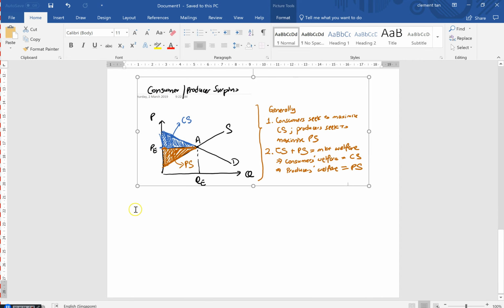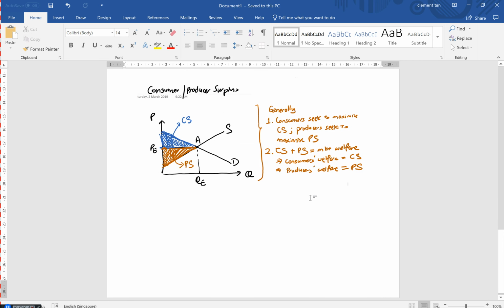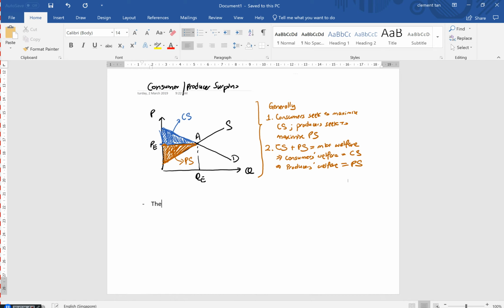Now, why is this linked to the incidence of tax? The incidence of tax will depend on the relative consumer and producer surplus lost.